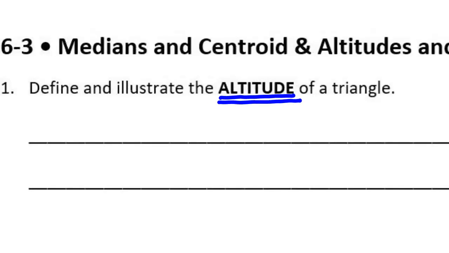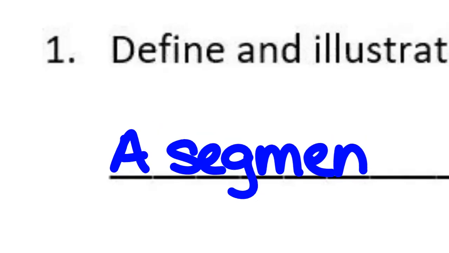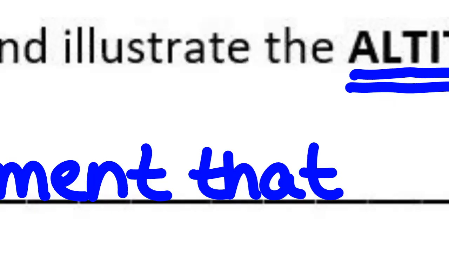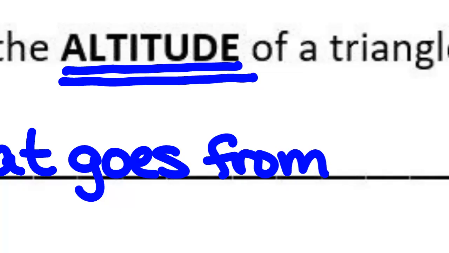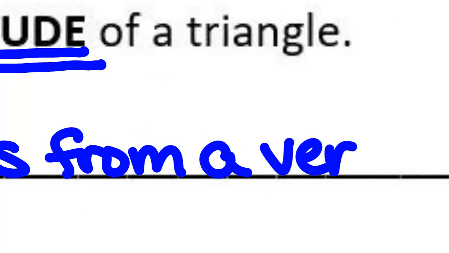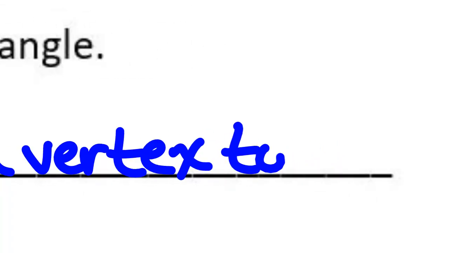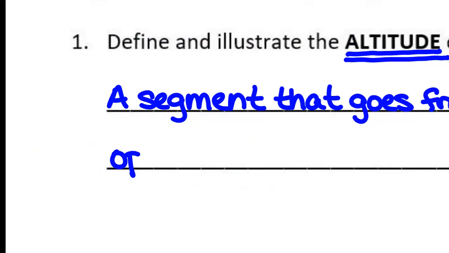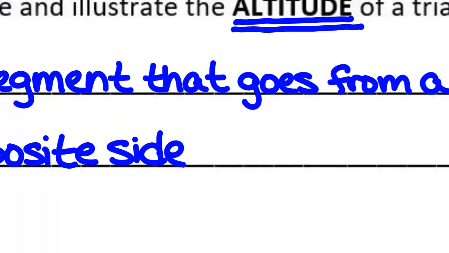An altitude is a segment that goes from a vertex to the opposite side and is perpendicular to that side.